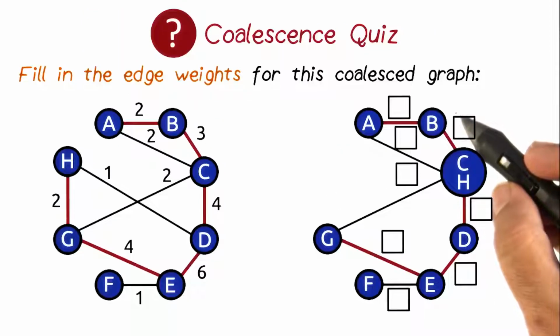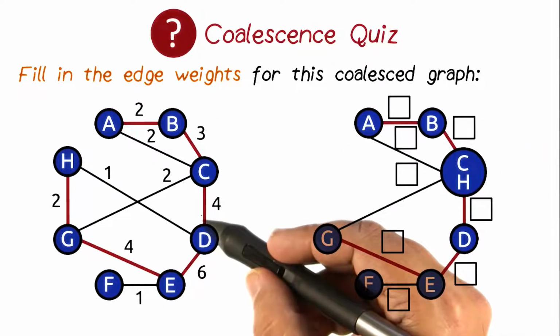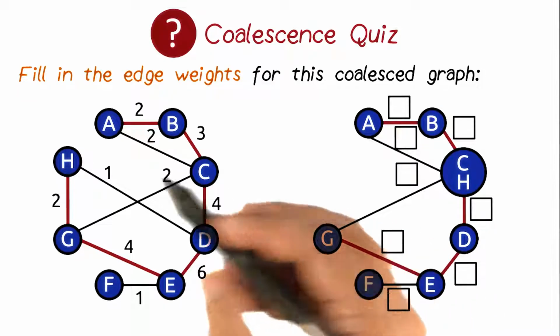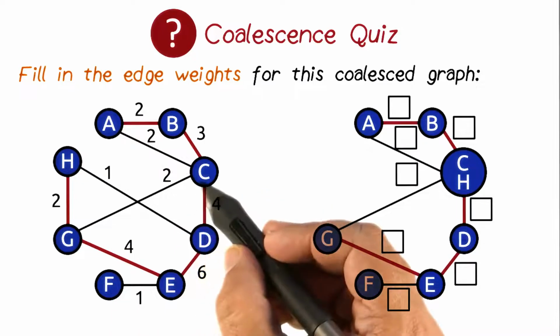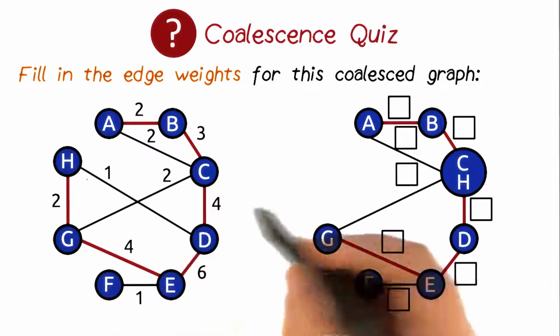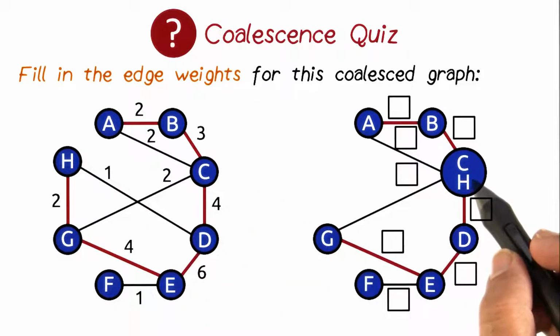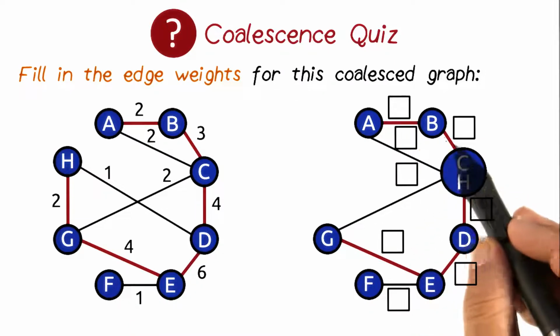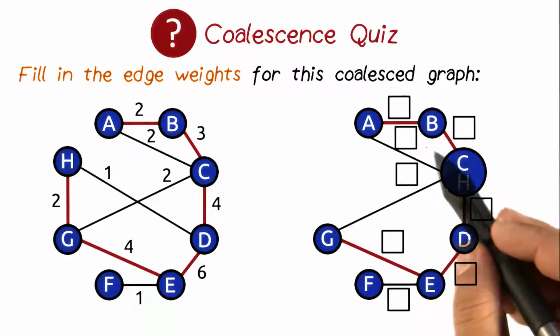Now the first thing that we are going to do on this access graph, which was the original access graph that we had, is to do a coalescing. So we are going to pick nodes C and H and coalesce those together. And we have given you a topology of the new coalesced graph over here.